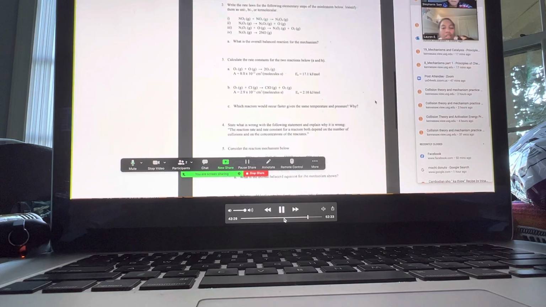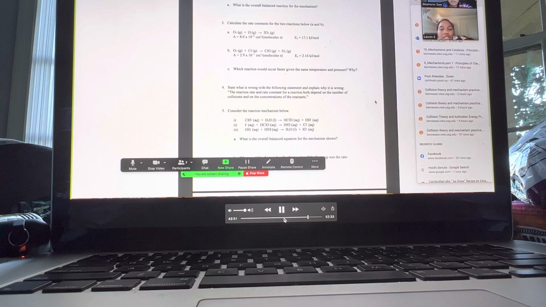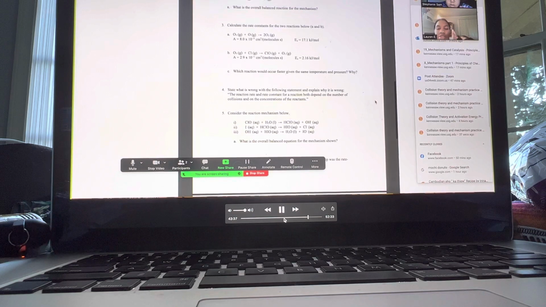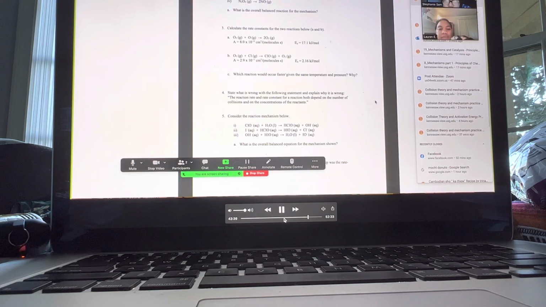Oh, I see. Calculate the rate constants for the following reactions, for the two reactions below, A and B. Okay, so she gives you A, she's giving me Ea. What is the temperature? Oh wait, what formula is it supposed to use now? Isn't that the k one? But she needs temperature though.